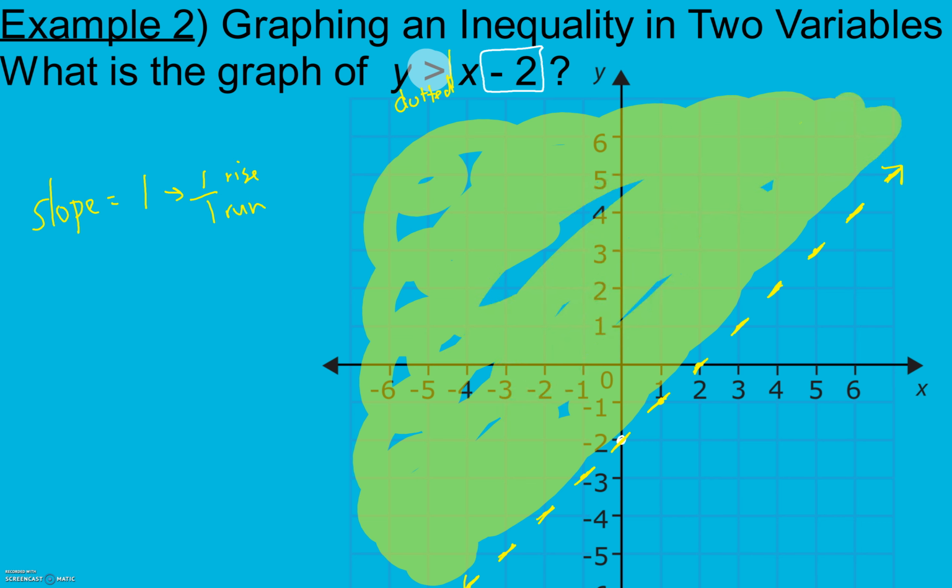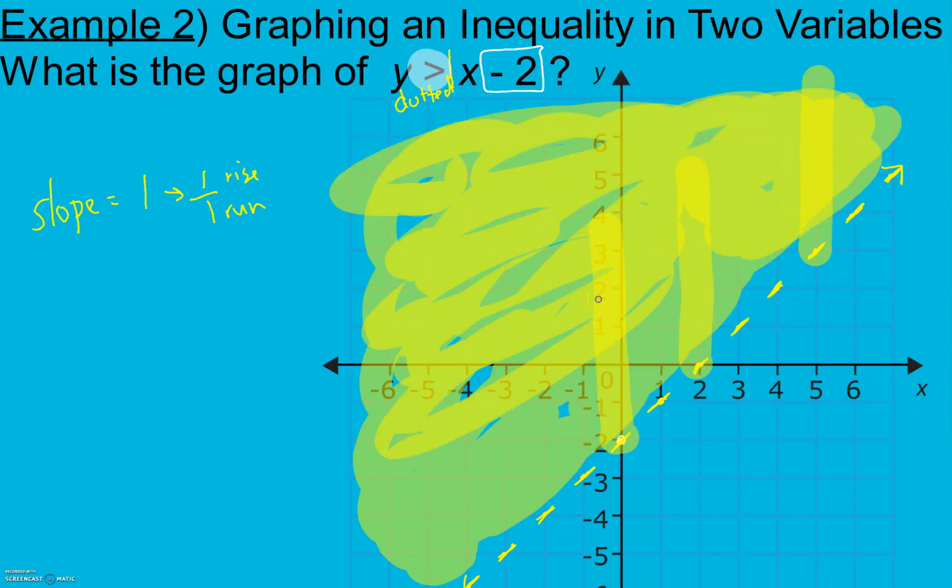We can pick a point. Let's say I picked this one. And I want my y values to be greater. So instead of being at 0, I want 1, 2, 3. Those are bigger. Instead of being a y value at 3, I want them to be bigger. 4, 5, 6. We go up. And remember, if there's one solution, it means they're all solutions. So since I went up there, every solution in this part works.